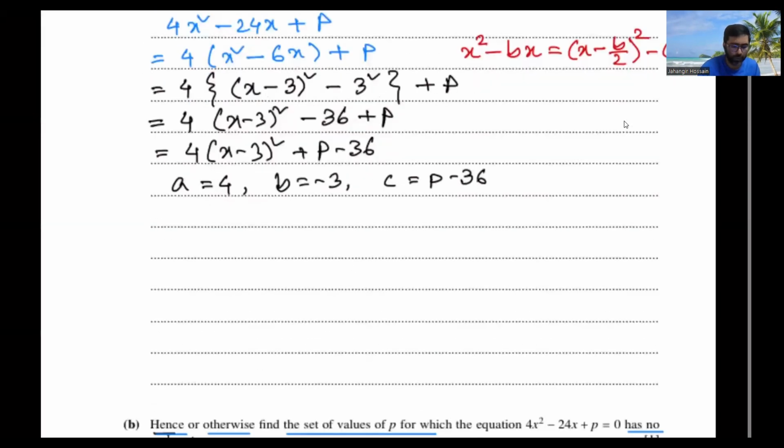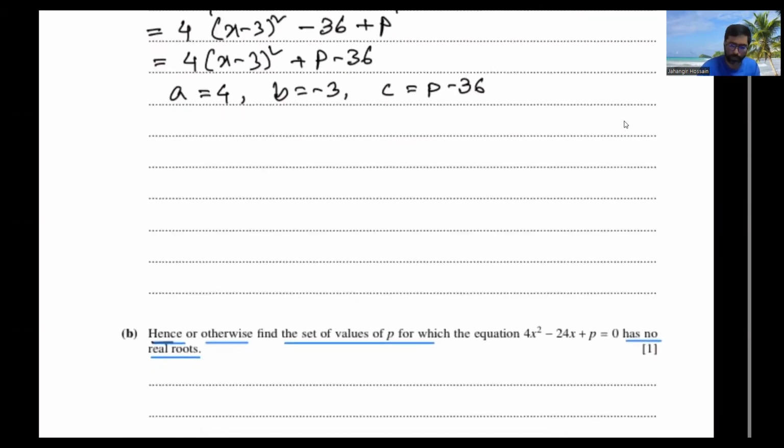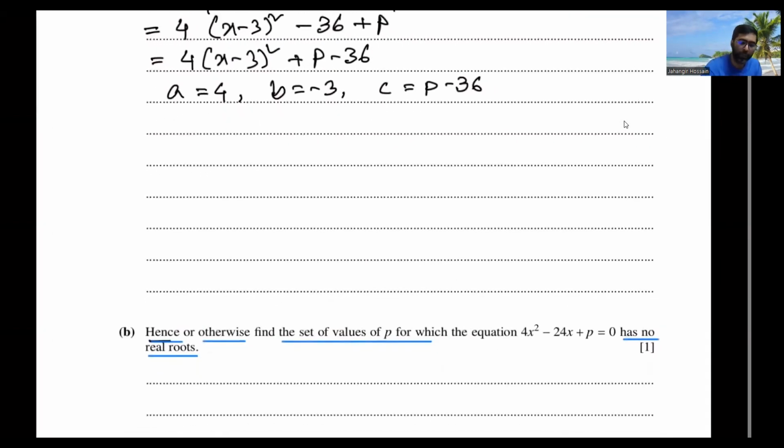If we use the result of part A, in part A, we have completed the square. So if we directly use it, 4 into (x minus 3) whole square plus p minus 36 is equal to 0. So 4 into (x minus 3) whole square equal to 36 minus p.